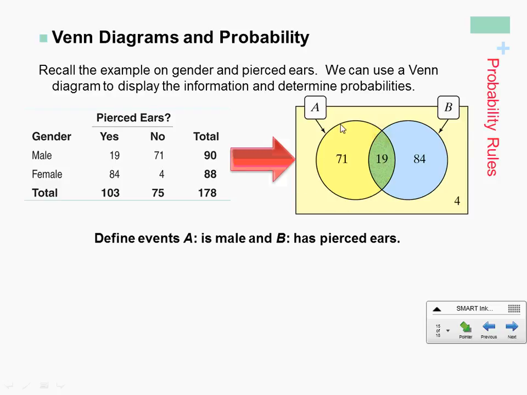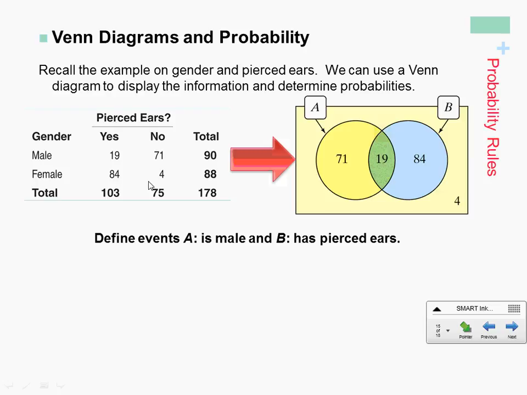And then what's left? This 4, which would be females that don't have any ears pierced. So very few females have ears pierced, apparently. And we can see them all there.